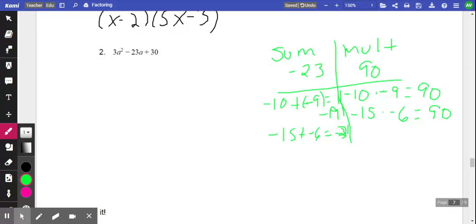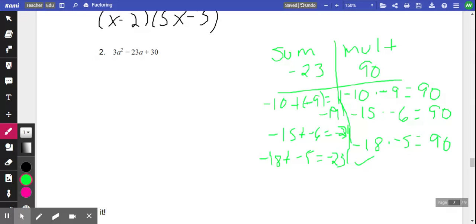So closer, but still not quite there. What else goes into 90? 18. So let's try negative 18 times negative 5. That gives me positive 90, and negative 18 plus negative 5 is negative 23. There it is, we found our winner.